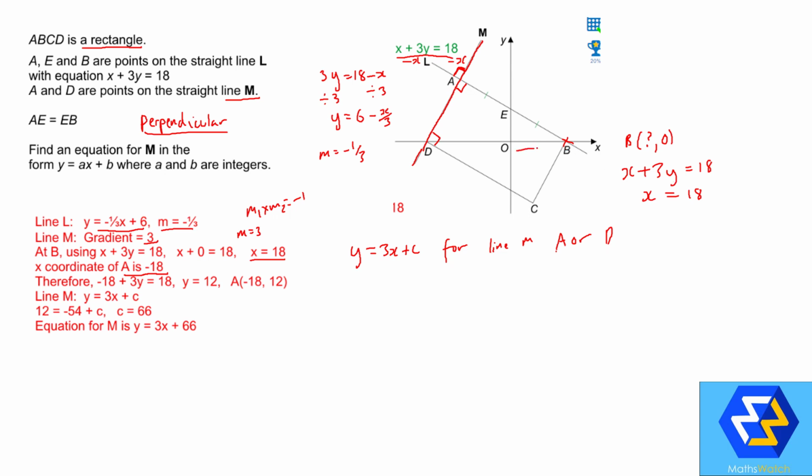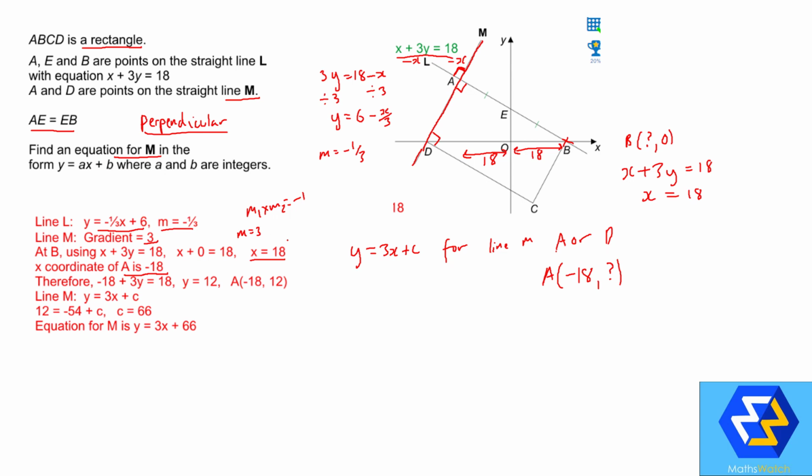So if this distance from E to B is 18, then from E to A, that has to be 18 because of this key bit of information here, AE equals EB. So we know one coordinate of A has to be -18, and we don't know what y is, but we will need to find the y coordinate to work out the equation of line M.